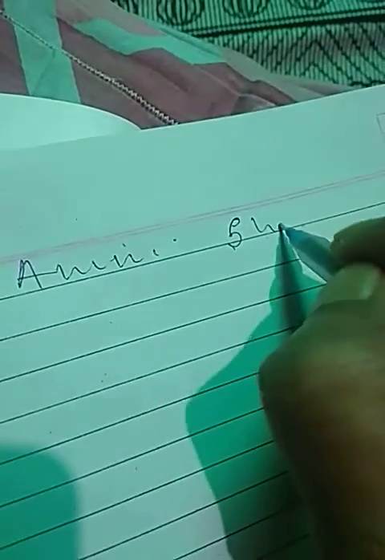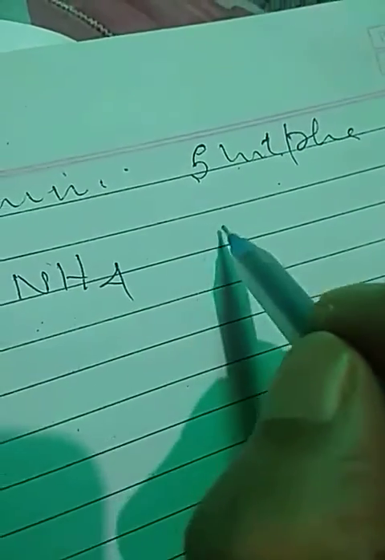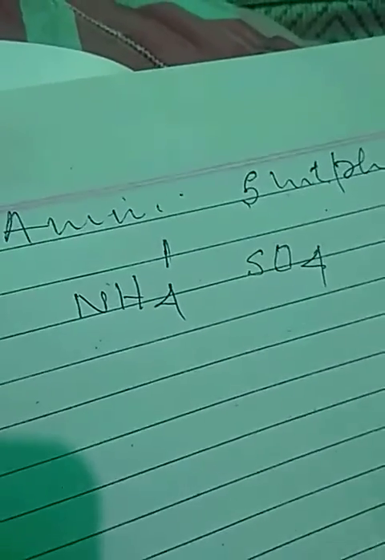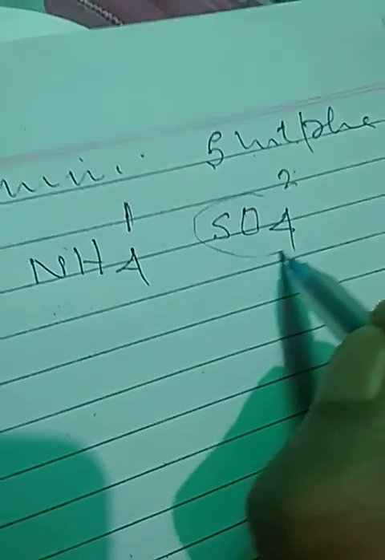Ammonium is represented by NH4 and sulfate is represented by SO4. Valency of ammonium is 1 and the valency of sulfate is 2. This is a whole unit and this one also is a whole unit.